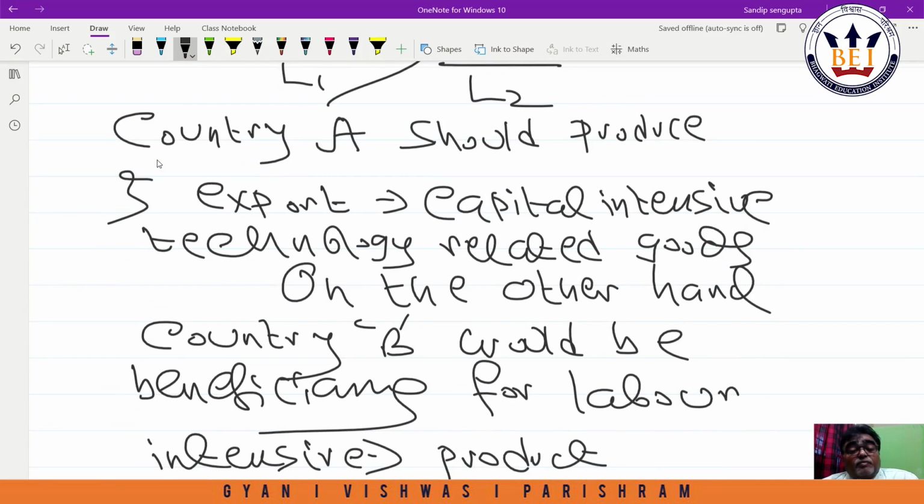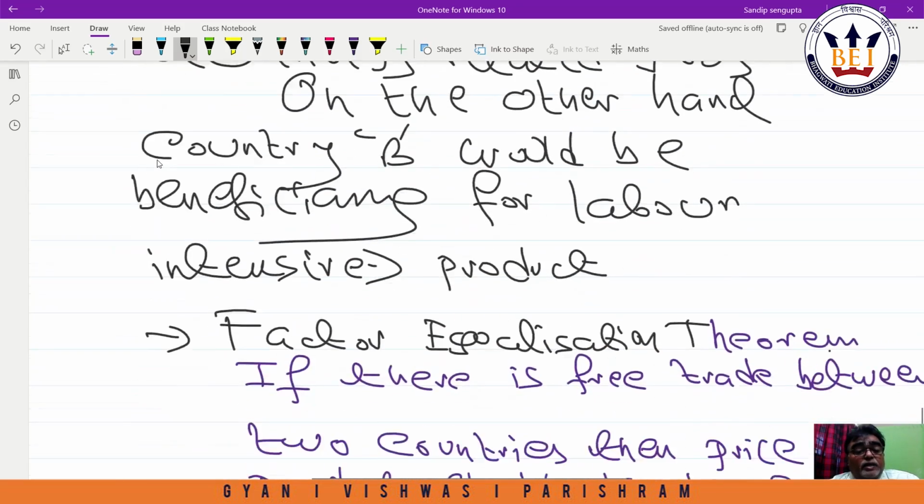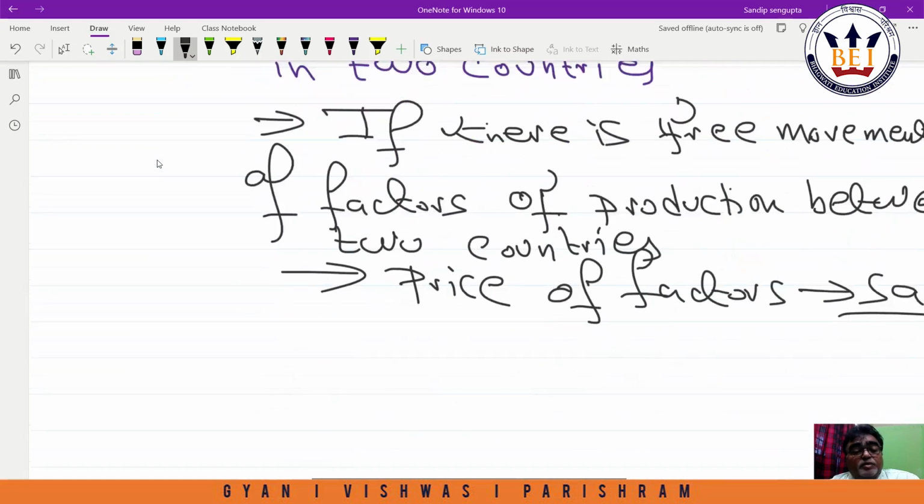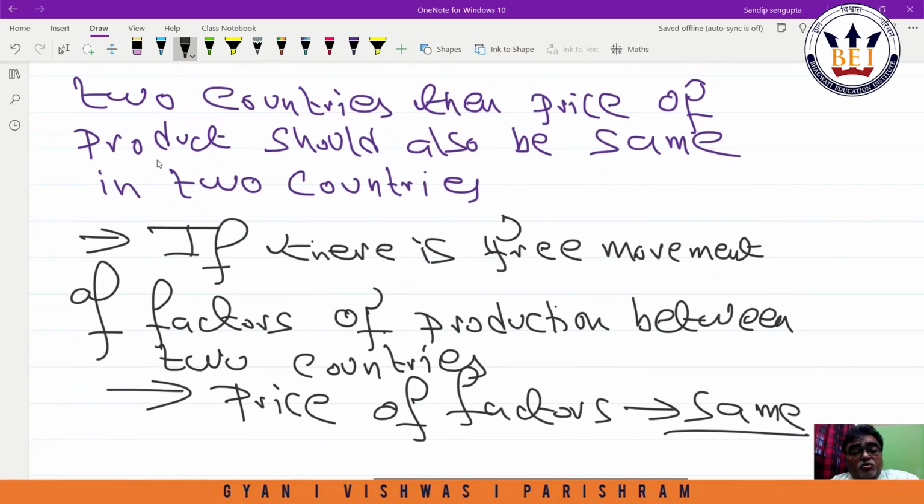Developed countries are abundant in nature with capital, so obviously they will go for capital intensive technology. On the other hand, developing country like India is prone to labor, so obviously labor intensive technology should be applied, and if they exchange these two types of goods, it would be beneficiary. After that, factor price equalization theorem: price of the product and price of factors of production both would be same if free trade is possible.